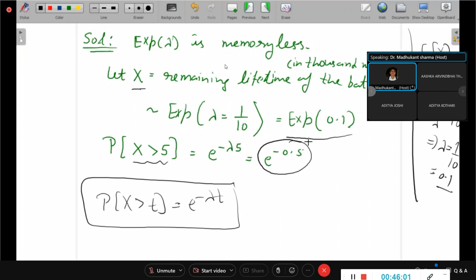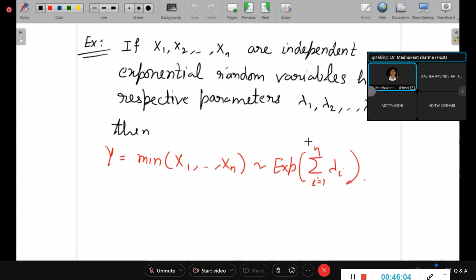Right. Now, I think I have this exercise, which is going to be very important. You will see one example where it is very much required.